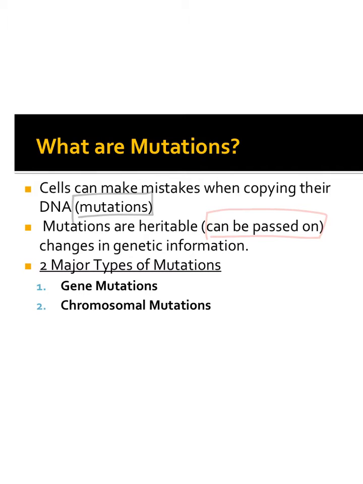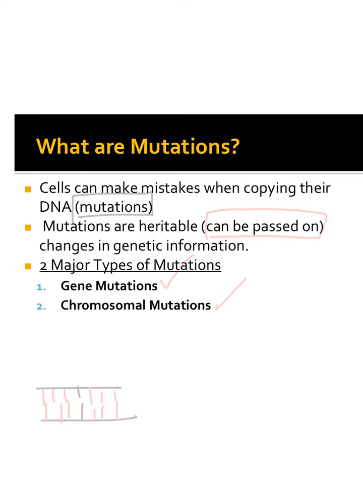Now we're going to look at two major types of mutations today, the first being gene mutations, followed by chromosomal mutations. Gene mutations occur at a specific spot in the DNA sequence, so you can point to them and say this is where the mutation is occurring.